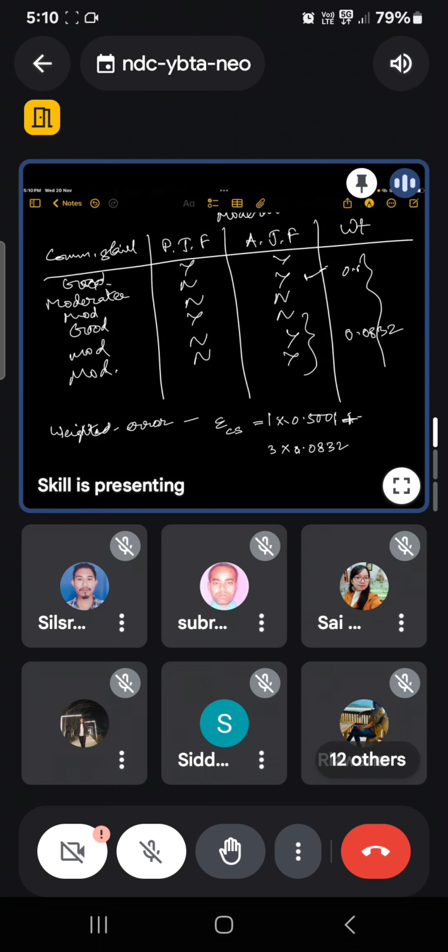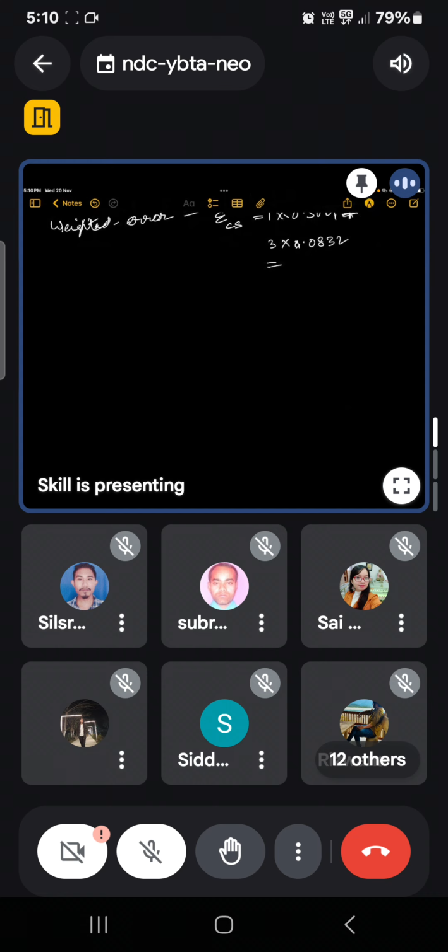This was having weight 0.5001, and this was correctly classified. This was also correctly classified. So we will not include them. Now after calculating, we will get the value 0.7497.